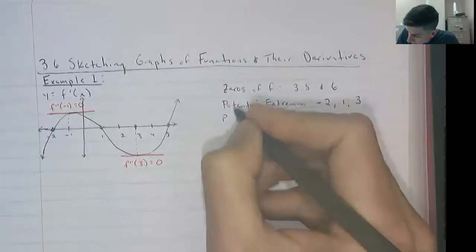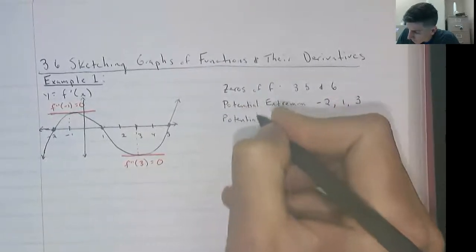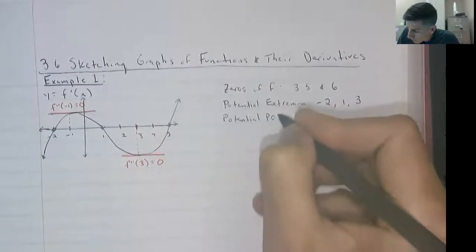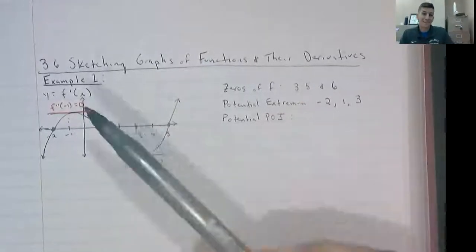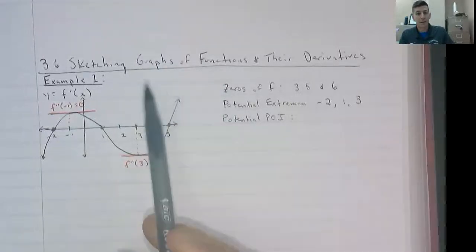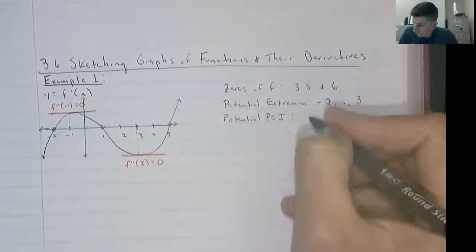And then the other thing we care about is our potential points of inflection, which are going to be when the derivative of our derivative, our second derivative, is 0, which we identified as -1 and 3.